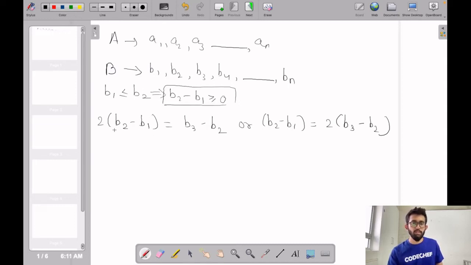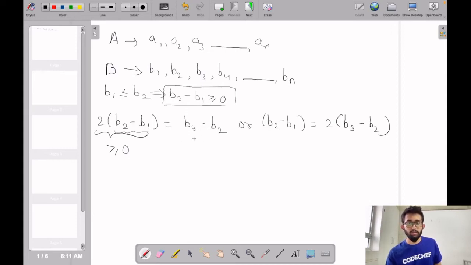So this term is greater than or equal to 0, and as it is getting multiplied by 2, which is also positive, this whole term will be greater than or equal to 0. Now this term is equal to B3 minus B2.